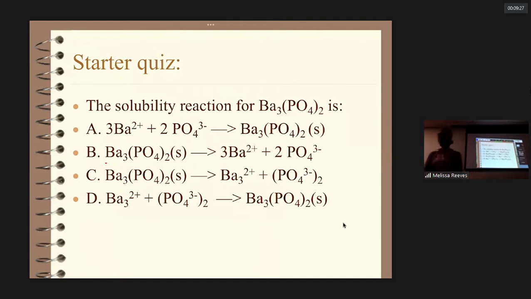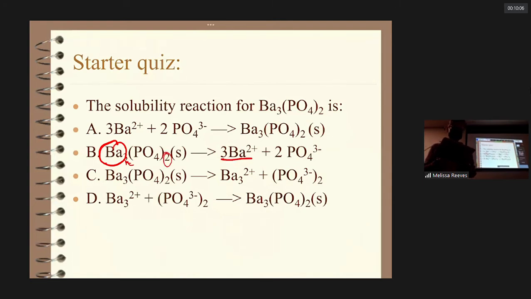So about 10 more seconds. Okay, so majority of the people picked B. So the majority picked B, and if you look at it, this clearly says there's 3 bariums, and we got that over here.